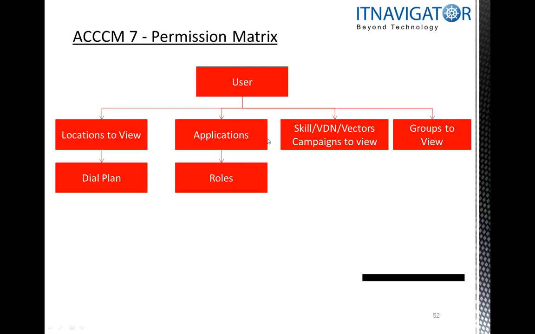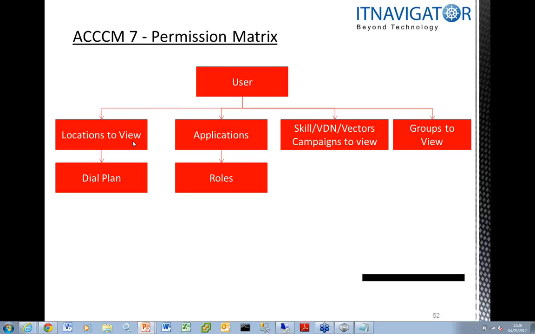A user can be assigned to locations to view. Locations to view are Control Manager locations, which means that based on the locations to view access of the user, you can decide which elements the user will be able to see. Now, what does it mean, elements? If I'm assigned to the location of Munich, for example, inside my environment, it doesn't mean I can see everything inside the location.